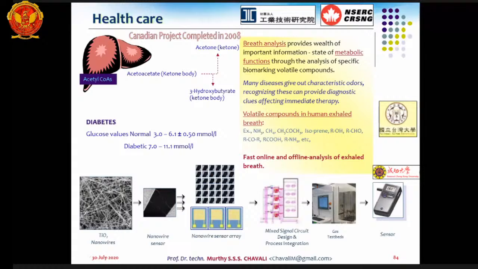That means indirectly we are estimating the diabetes mellitus type 2 ailment using these TiO2 nanowire sensors. And a single TiO2 nanowire sensor does not give any proper result.